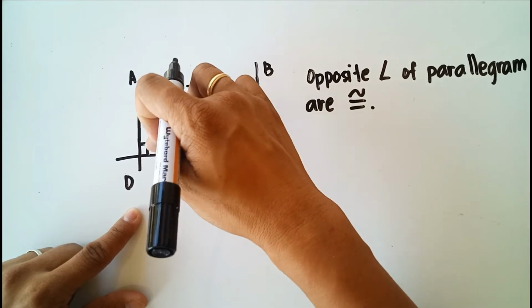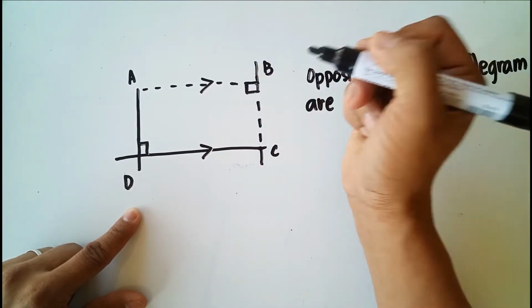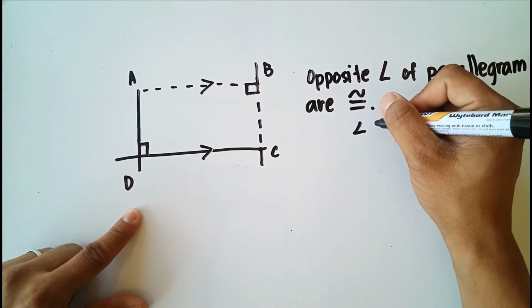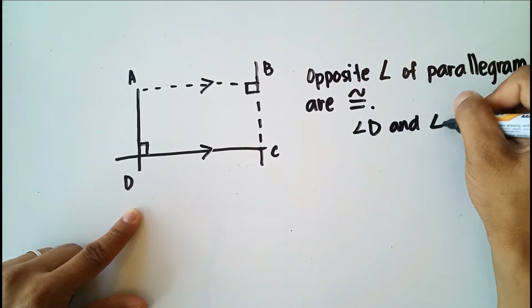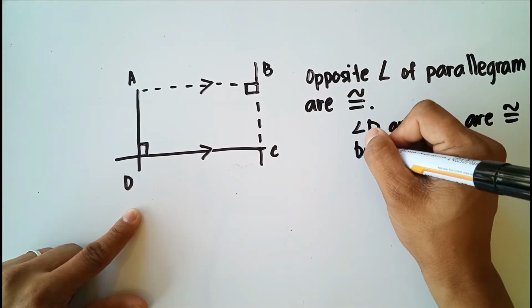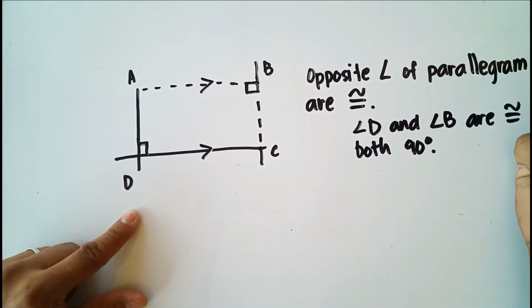So, meaning, if this is 90, we also have this as 90 degrees. So, angle D and angle B are congruent. Both 90 degrees. Okay.